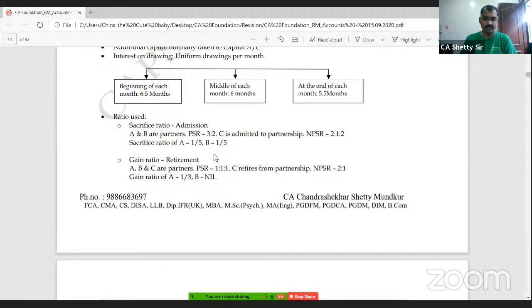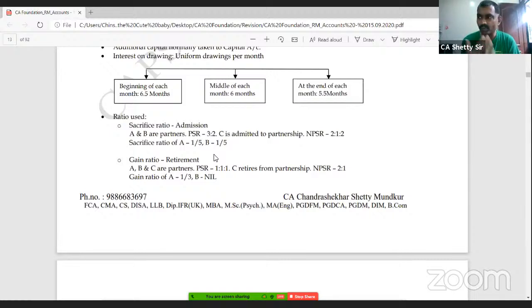Next, make a box. Below that, goodwill is always accounted by considering incoming bar outgoing.